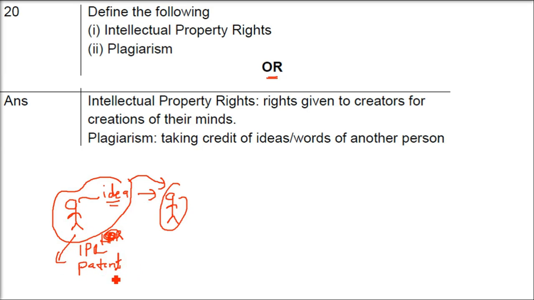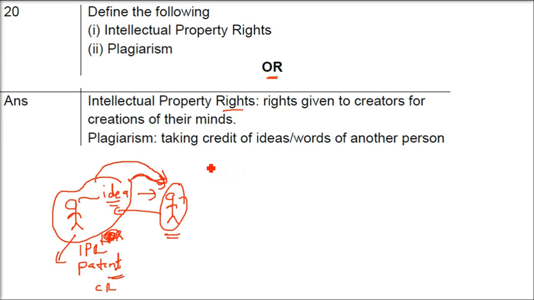So if you take a patent or copyright of this idea, if you have some idea, some music, some video, some content, now this idea cannot be stolen by anybody else, because it is your copyright, your patent, your intellectual property. So you have a right on it. If somebody wants to steal it, you can take him to court, because IPR and patent and everything is with you.